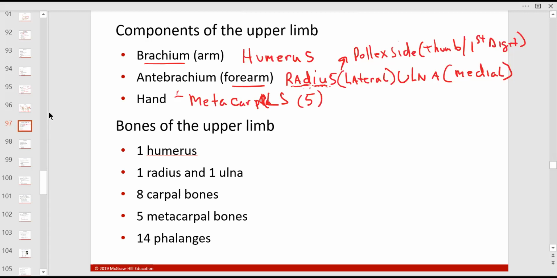Okay. So the humerus is your upper arm bone. The radius and ulna. Radius is always lateral in the anatomical position. There's 8 carpal bones, and that's your wrist. So your radius is going to articulate with one of the carpal bones. And then you have 5 metacarpal bones, and that's your hand.